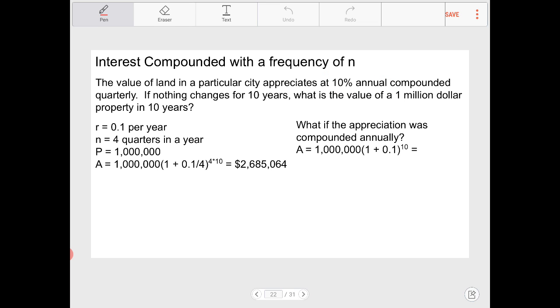Well, again, I'm dealing with a very similar situation, but this time the frequency of compounding is the same as the unit of time in our interest rate. It's 10% annual, that's the unit of time. It's per year, and I am compounding per year.